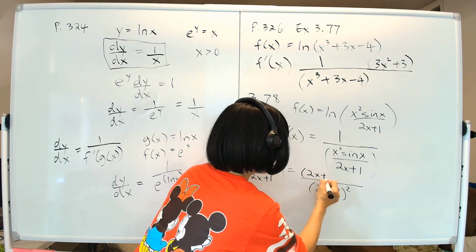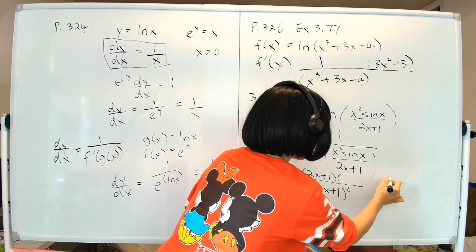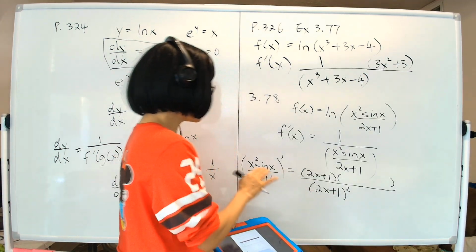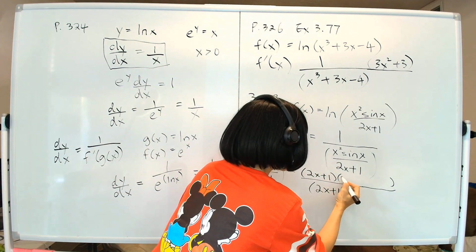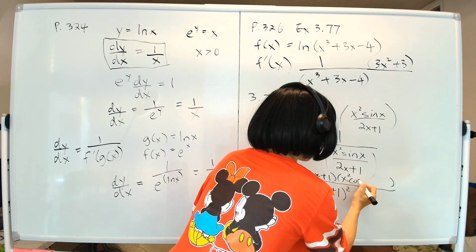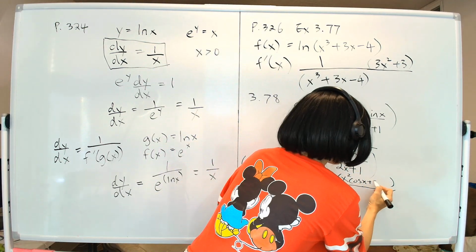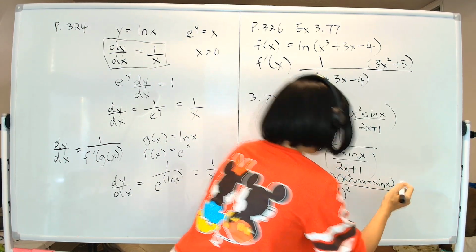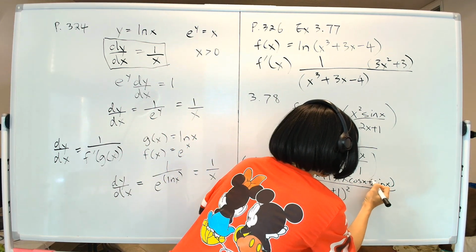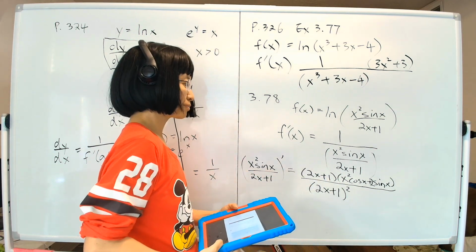So the bottom is this thing times the derivative of the top, which is a product, so we have to apply the product rule. The product rule says the first term times the derivative of the second, which is cosine, plus the second term sine x times the derivative of the first term, which is just 2. I'll write down the 2 here. All right. And yeah, so that is the top.